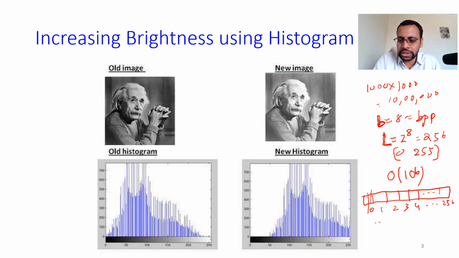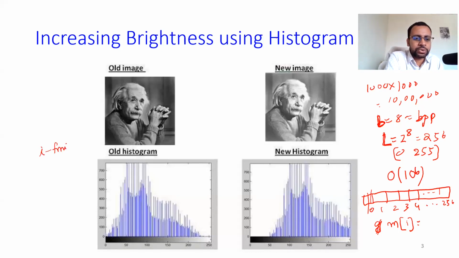So what I could do is create some mapping, not to compute the new intensity. Let me call it M for the time being: M of I equal to an index I. For an intensity I, all I need to do is (I minus F min) by (F max minus F min) into (L minus 1).